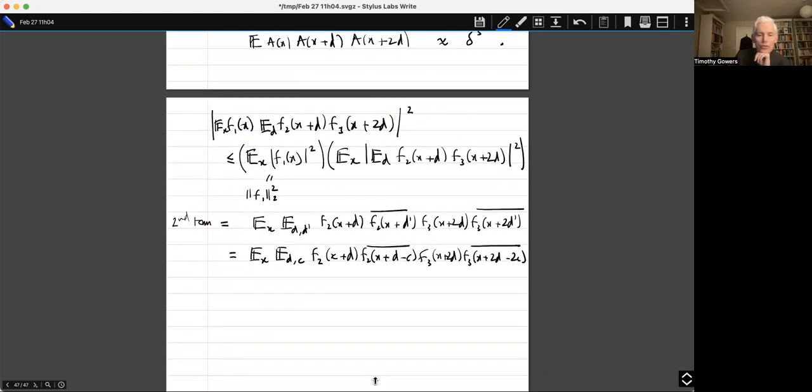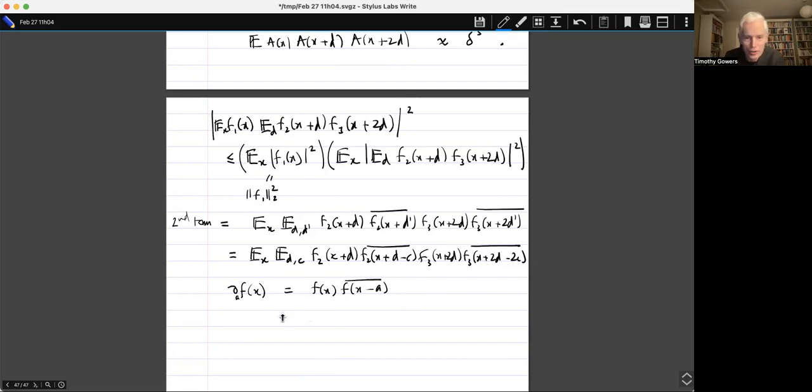And now I'm going to introduce some notation. If I've got a function f, perhaps I call it g, but I call it f because I haven't got f here. If I write delta a f of x, that is shorthand for f of x times f of x minus a bar. Why this partial sign?